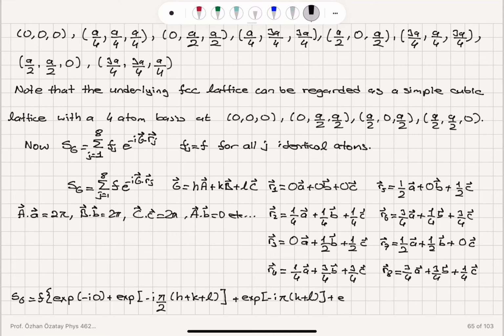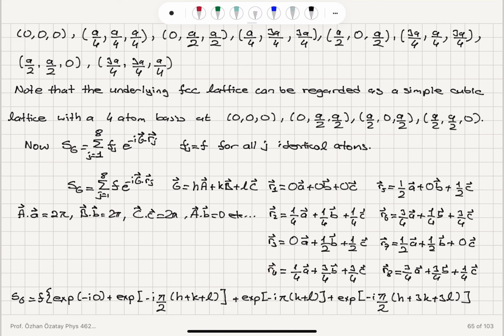And the fourth one will give us exponential minus i pi over 2, because we have 1/4 again. From the dot product of A with a, we will get an h. From B and b, we will get 3k. And from C, we will get 3l. So this is the fourth atom contribution.